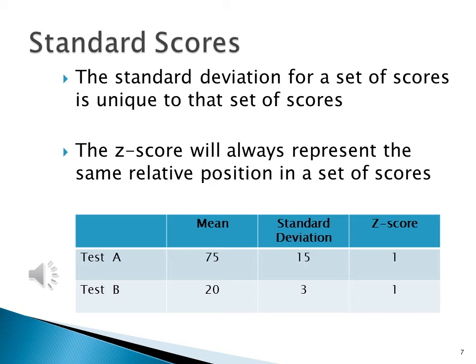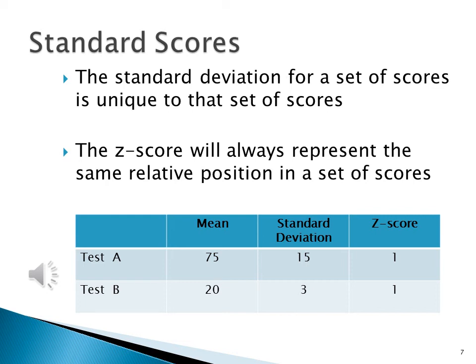So let's look at an example. Test A. Say the mean of scores on Test A is 75, and the standard deviation is 15. One standard deviation equals 15 points. It equals one z-score. But take a different test, and the mean on that test is 20.